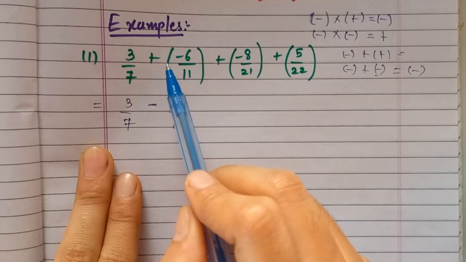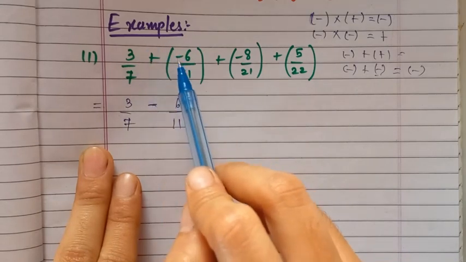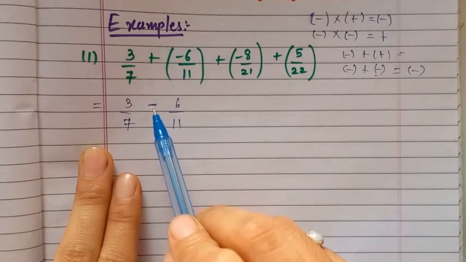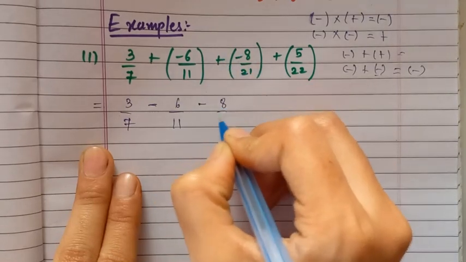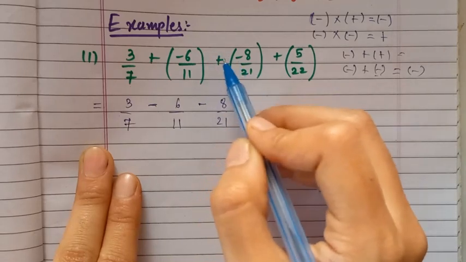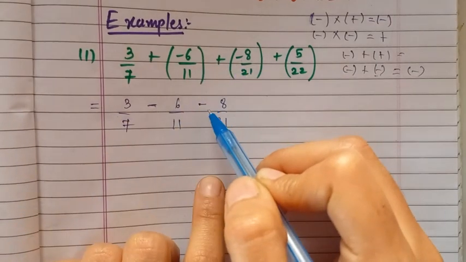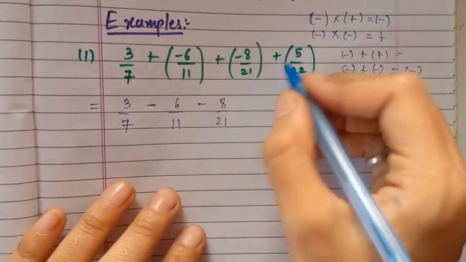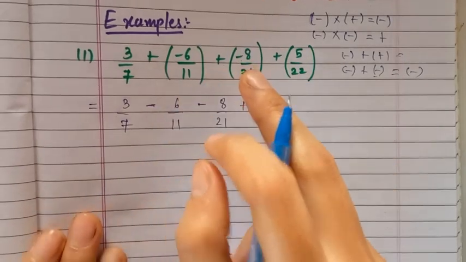If outside is plus and inside is minus, then if you remove this bracket, the final sign will be minus. Here the same, minus, plus minus, minus. If you have a minus sign here, then minus plus. Now plus 5 by 22. This is our first step.